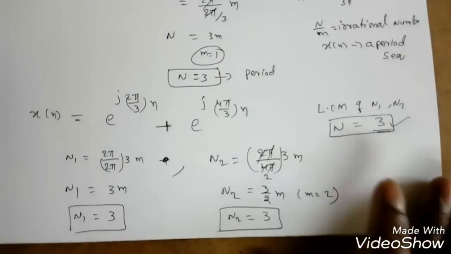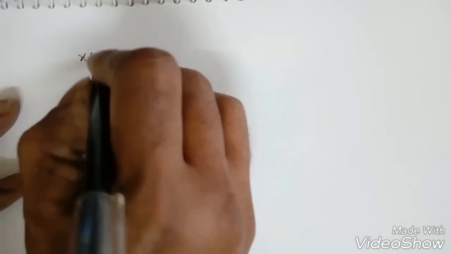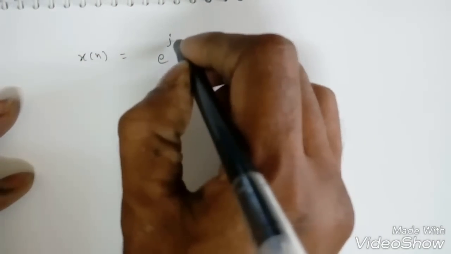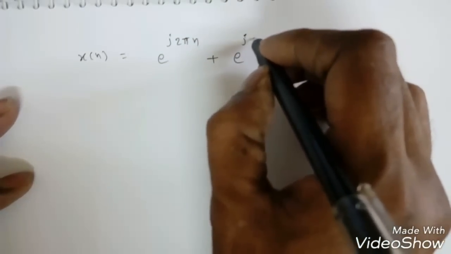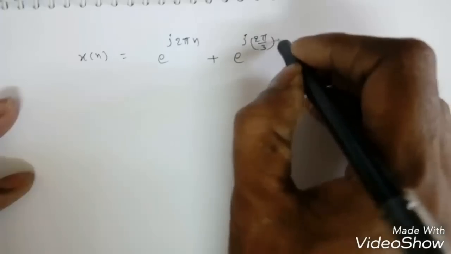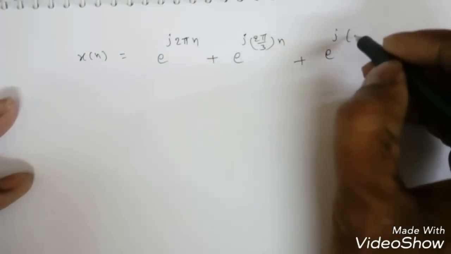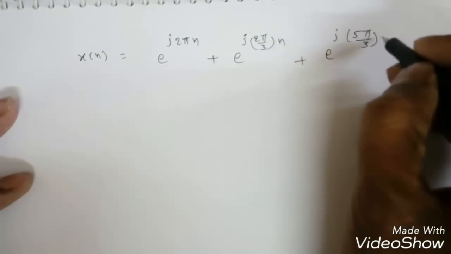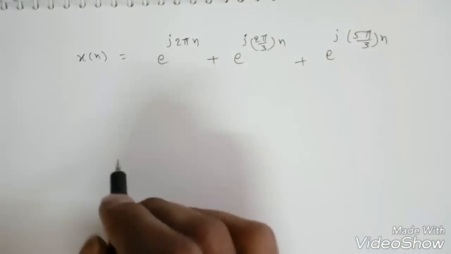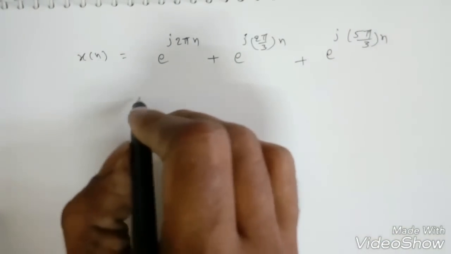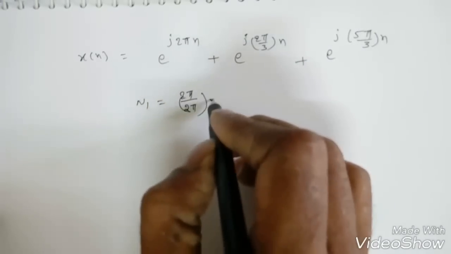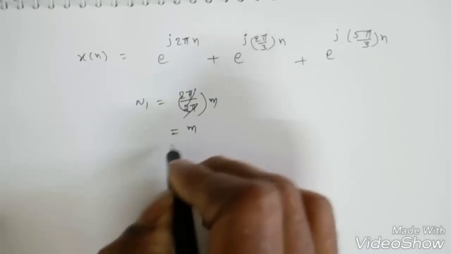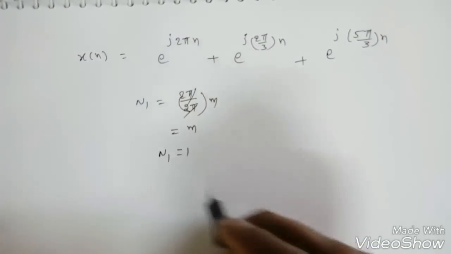That is the sum. Now similarly, if you have 3 signals, that is x of n is equal to e power j 2 pi n plus e power j 2 pi by 3 n plus e power j 5 pi by 3 n, then what is the fundamental period? Same way, N1 is equal to 2 pi by omega naught, so 2 pi by 2 pi into m, so this is m, and the smallest integer is nothing but 1 only.